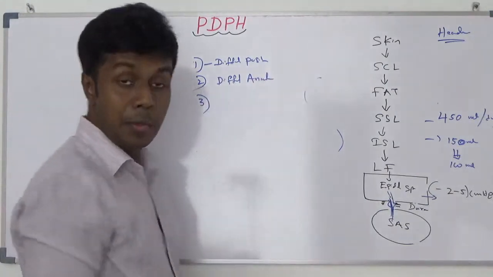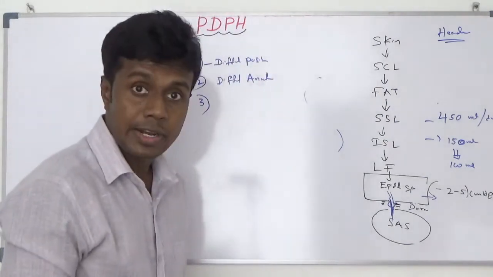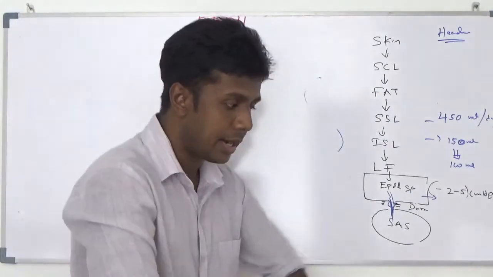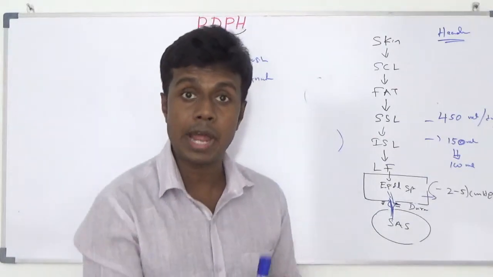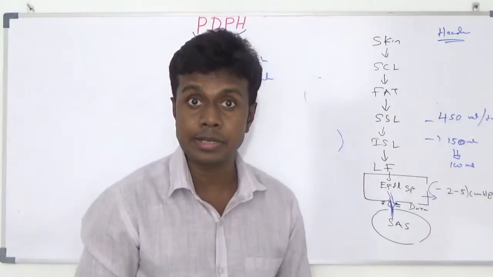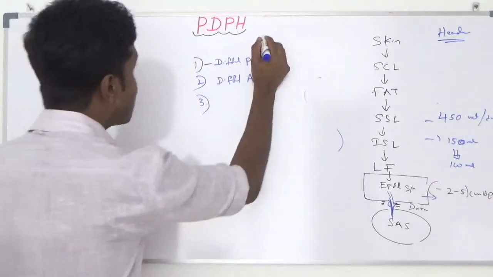Number 3: multiple attempts. Sometimes in difficult cases you have to do multiple punctures here and there. Those patients have a higher chance of dural puncture and post-dural puncture headache later.